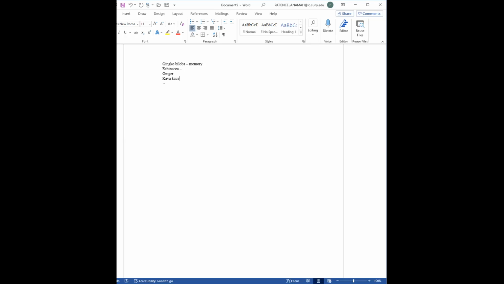This is kava. The next one is kava. This one will treat insomnia. Those who are not able to sleep, insomnia, and muscle pain. So if a patient is taking Parkinson's disease medications, it will decrease the effectiveness of the medication.